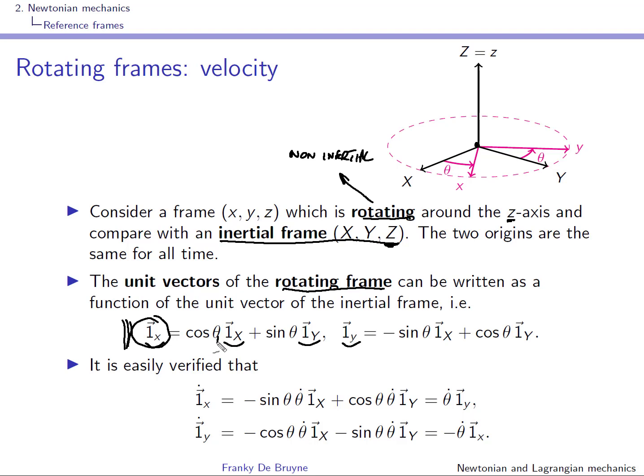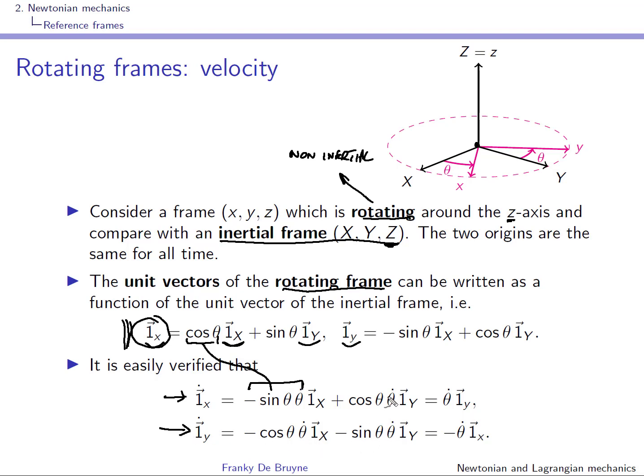The time derivative of this one will give you this thing here times the unit vector with capital X, and then you would also need to take the derivative of this one, but this is a fixed vector, so it will not give any contribution. Okay, so if you take the time derivative of this one, you obtain that, and if you take the time derivative of this one, you obtain this thing here.